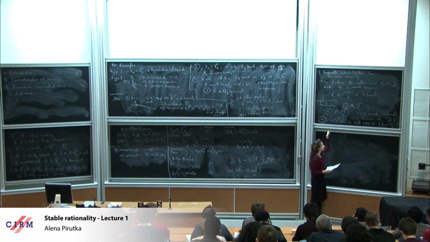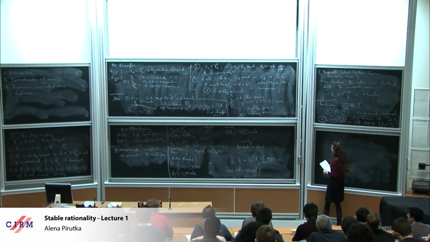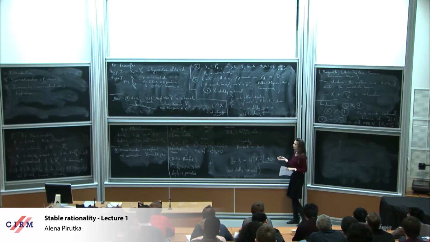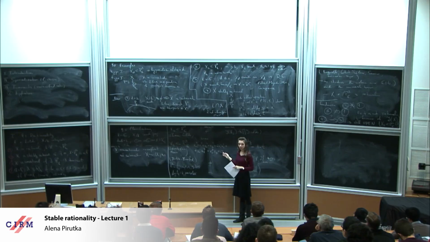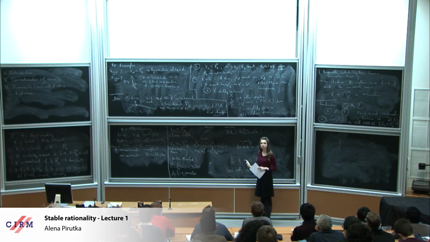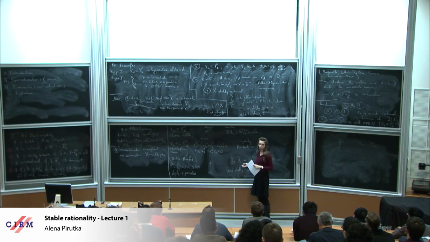Well, now let me discuss the questions of stable rationality for some types of varieties, such as hypersurfaces or conic bundles. In particular, in these classical cases, you see that in those 3 examples, the last one is not stably rational because of this invariant, and this invariant actually is a stably rational invariant.